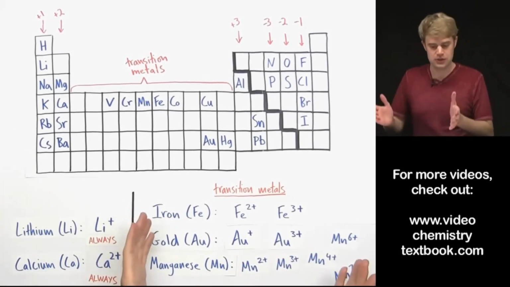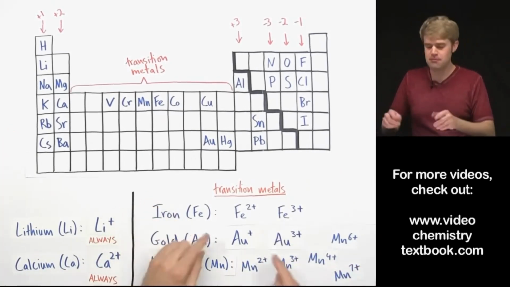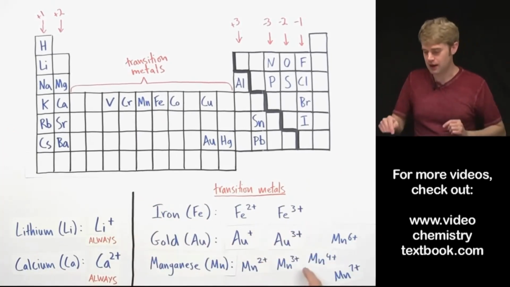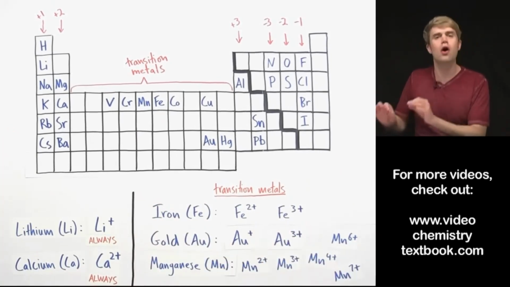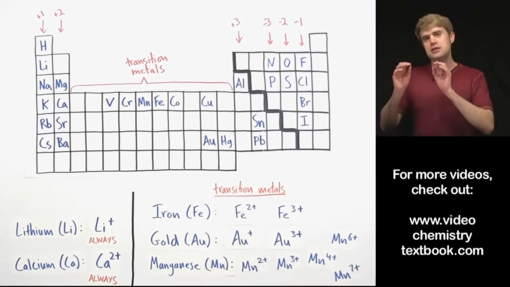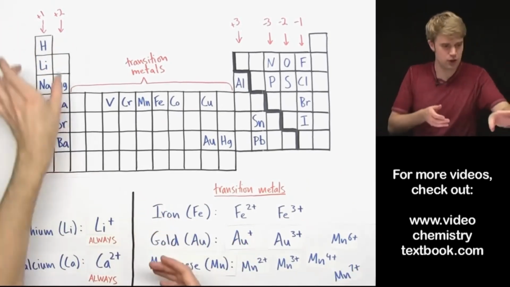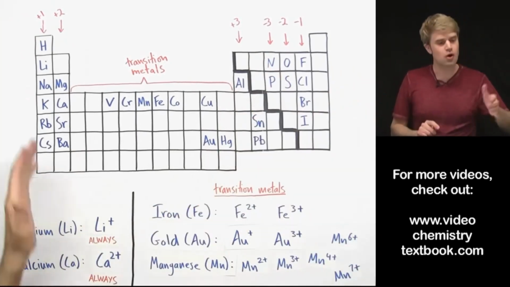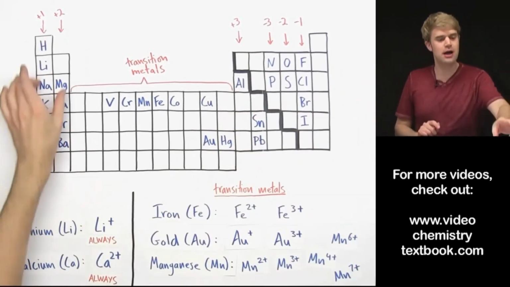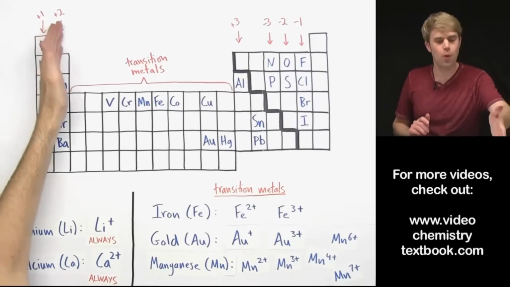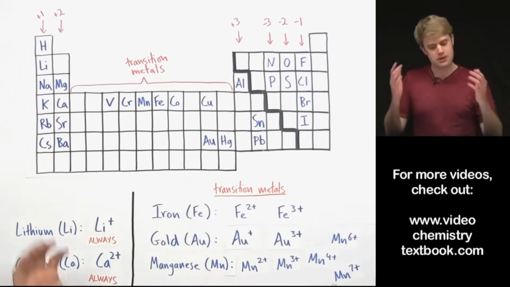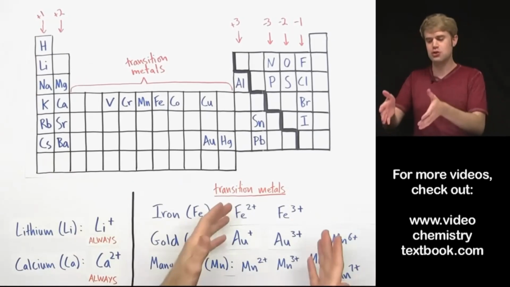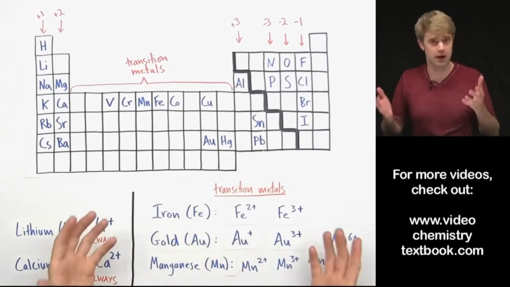So the point is, the transition metals can make multiple types of ions, and these ions all have different charges. This is different from the metals over here and from other types of elements on the periodic table, which tend to always make the same type of ion based on what column they're in. Now, sometimes people ask, why is it that the transition metals are able to make this wide variety of ions?